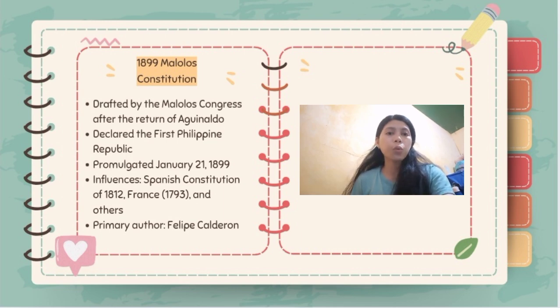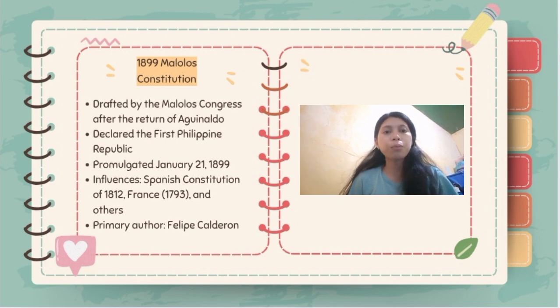On January 21, 1899, the Malolos Constitution was officially declared. This marked the beginning of the First Philippine Republic. Emilio Aguinaldo was elected as the president. This was a very important moment for the Philippines because it showed the world that Filipinos were ready to govern themselves.